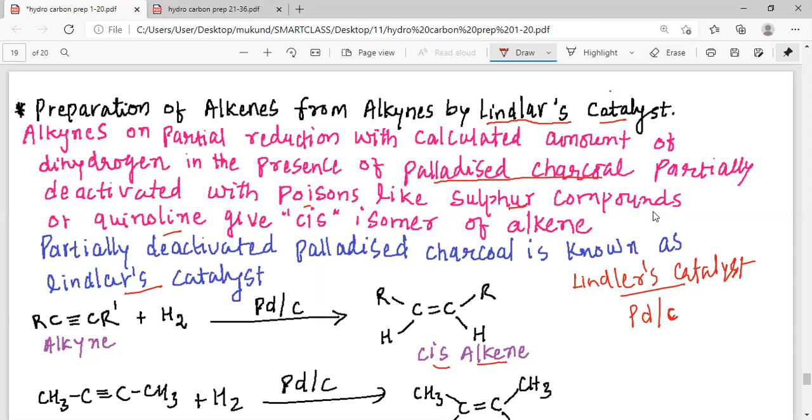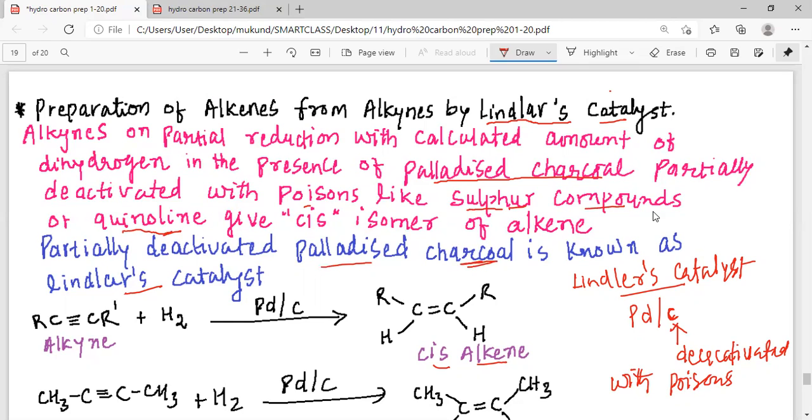This is how we represent it. Now, how is it partially deactivated? It is deactivated with poisons. Which are the poisons? Here we have poisons like sulfur compounds or quinoline, and it is pelletized charcoal.